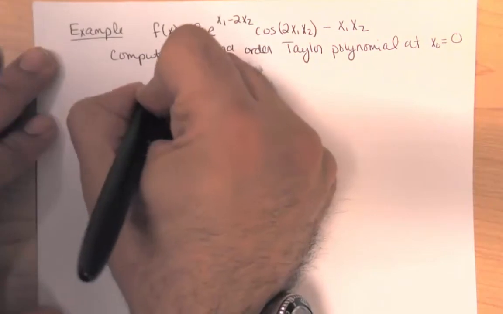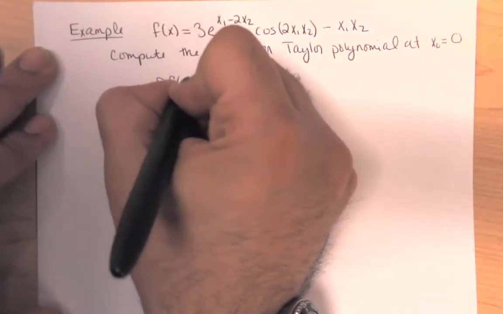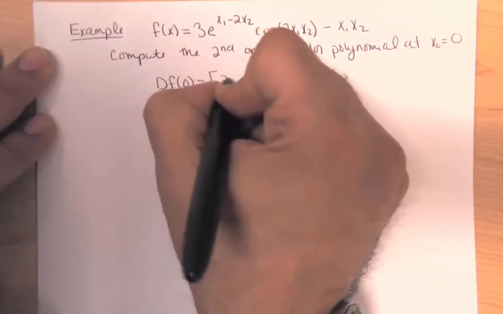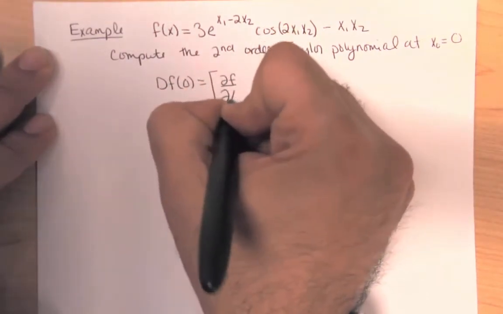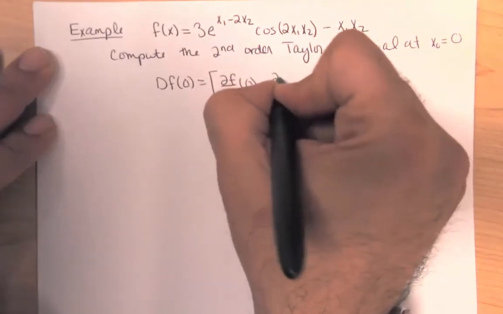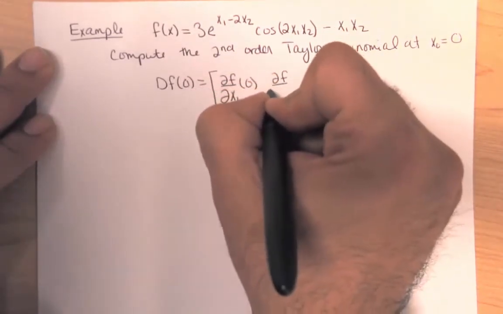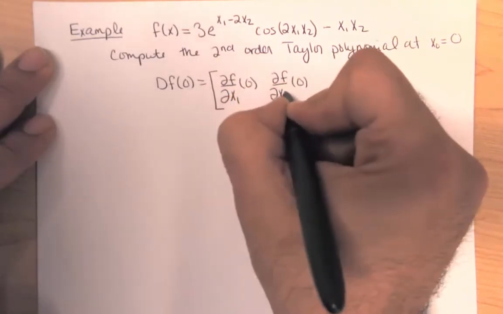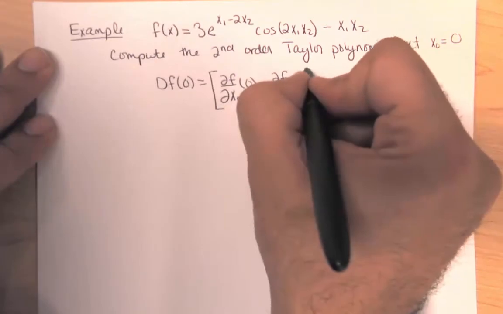Well, the derivative of f evaluated at 0 is equal to the matrix: the derivative of f with respect to x1 evaluated at 0. The second entry of my matrix is the derivative with respect to x2 evaluated at 0.